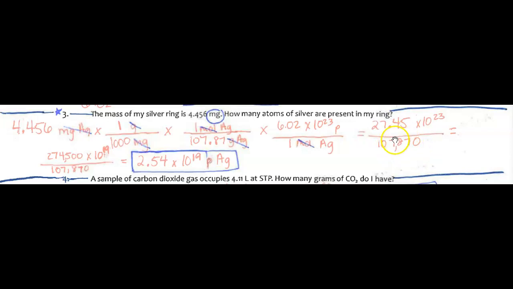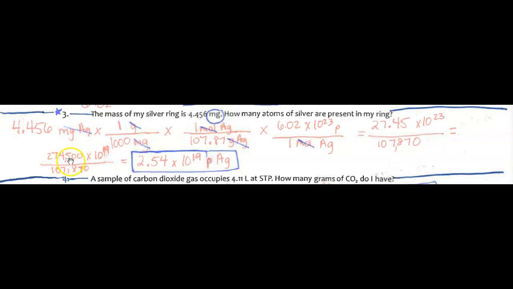So what I did then was convert this number to a large number that this can be divided by. So I converted that to 274,500 times 10 to the 19th divided by 107,870. So I just made this number larger.